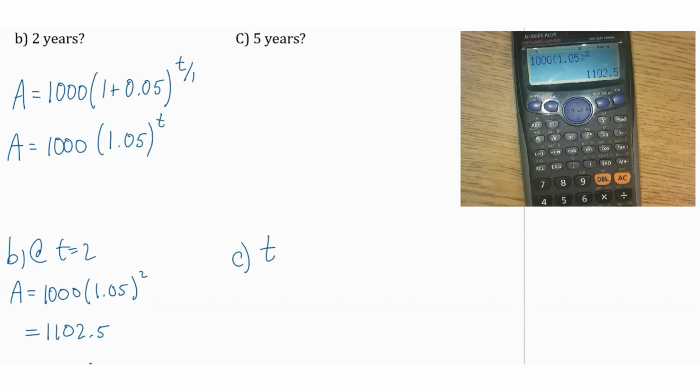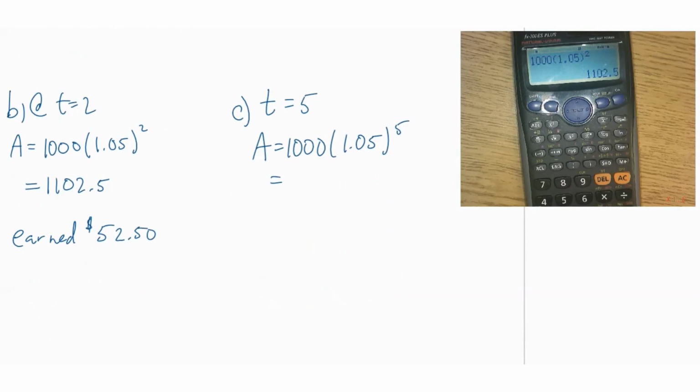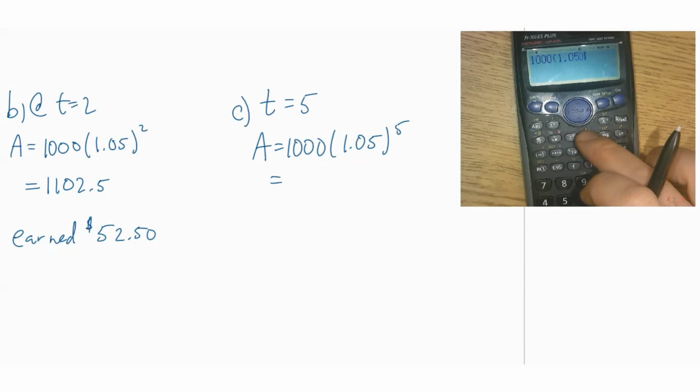Okay, C is at t equals 5 years. Okay, so I get 1,000 bracket 1.05 bracket to the 5.